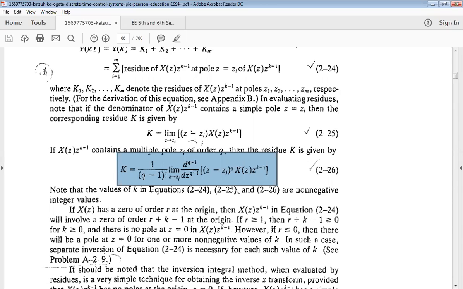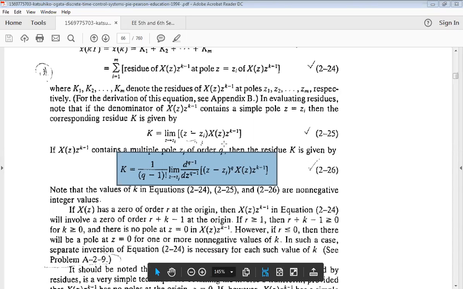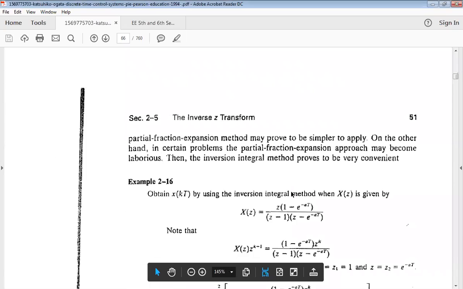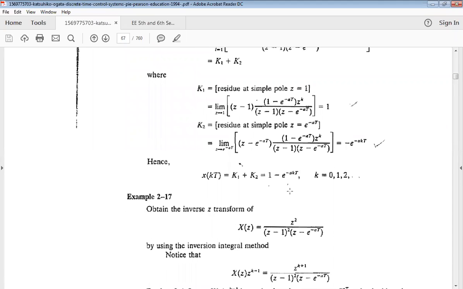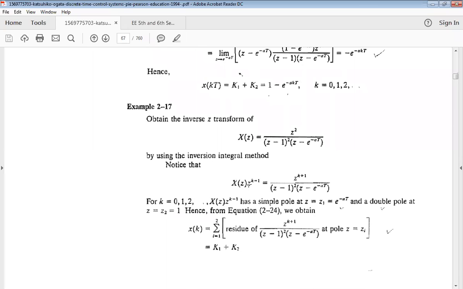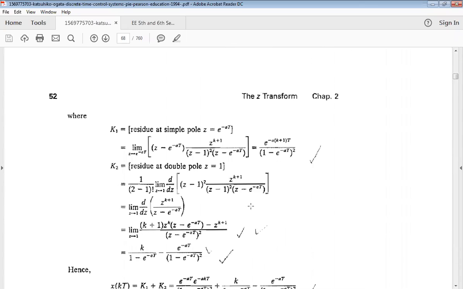So what is the order of the repeated pole in this numerical? It is second order because there is a repeated pole, so q = 2. Then k2 is equal to 1 by (q-1) factorial, that means (2-1) factorial, which is factorial 1, equal to 1.